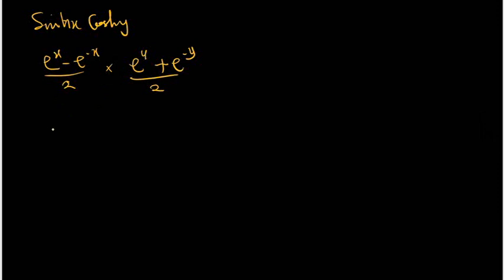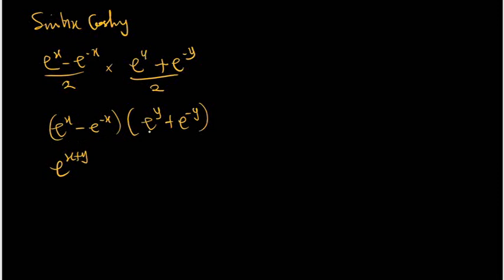Let's multiply the numerators. We have e^x minus e^(-x) multiplying e^y plus e^(-y). So this will give us e^(x+y). Then this multiplying this same base, we get e^x plus the negative y, which can be written as x minus y. Then this will take over. This time this will give us minus e^(-x+y).